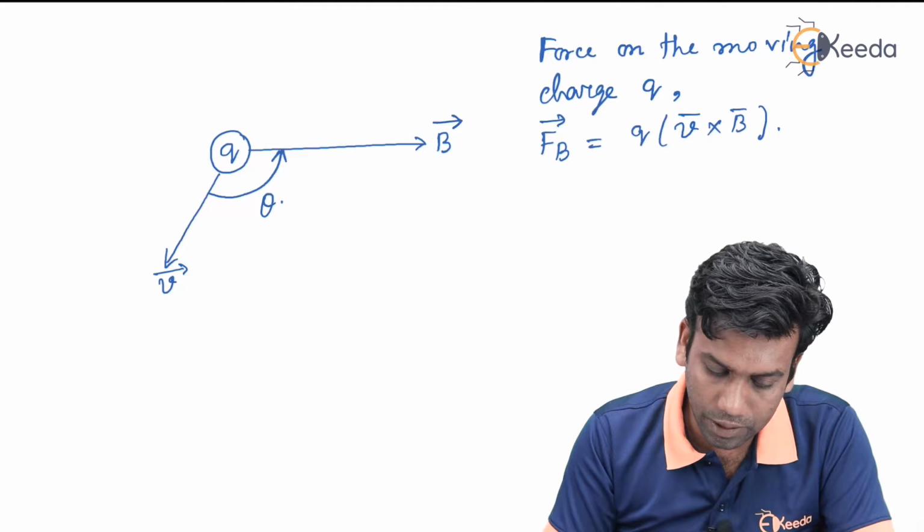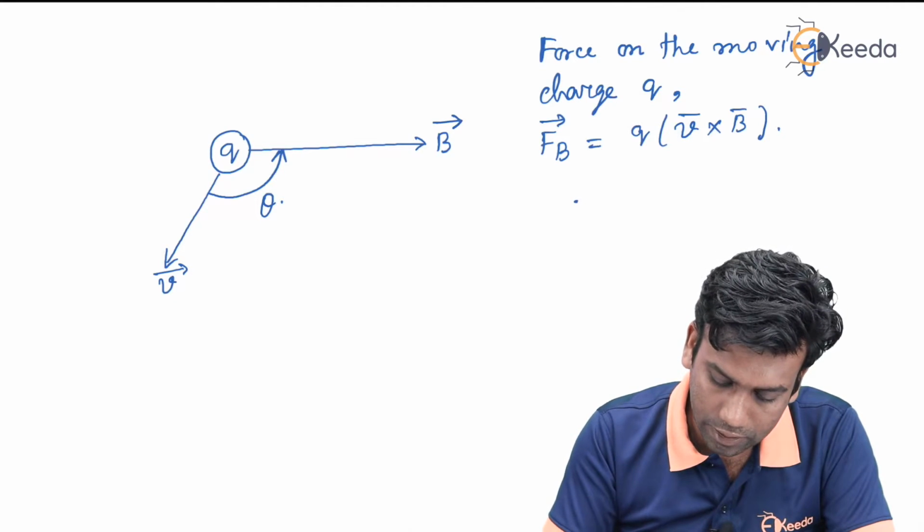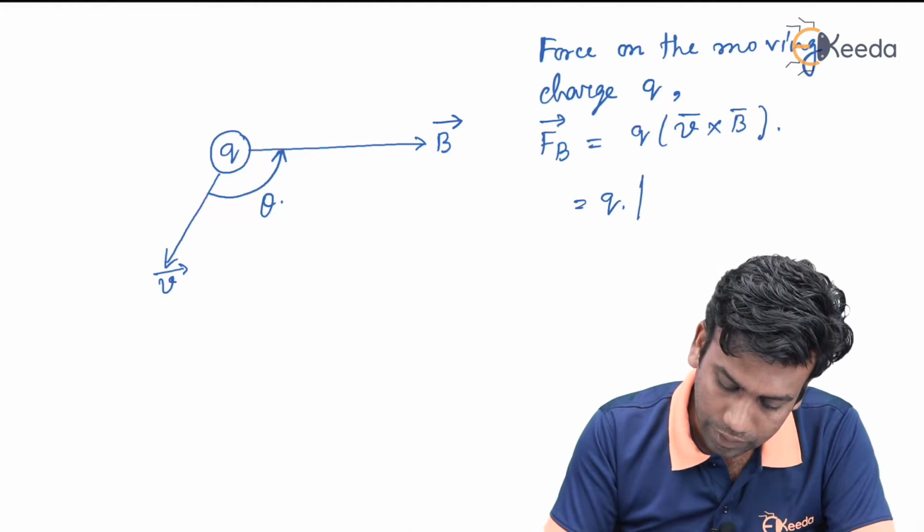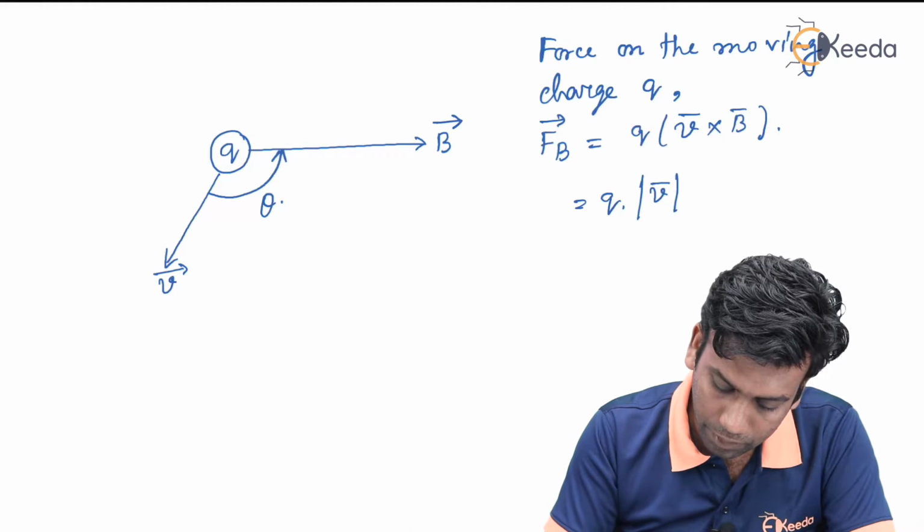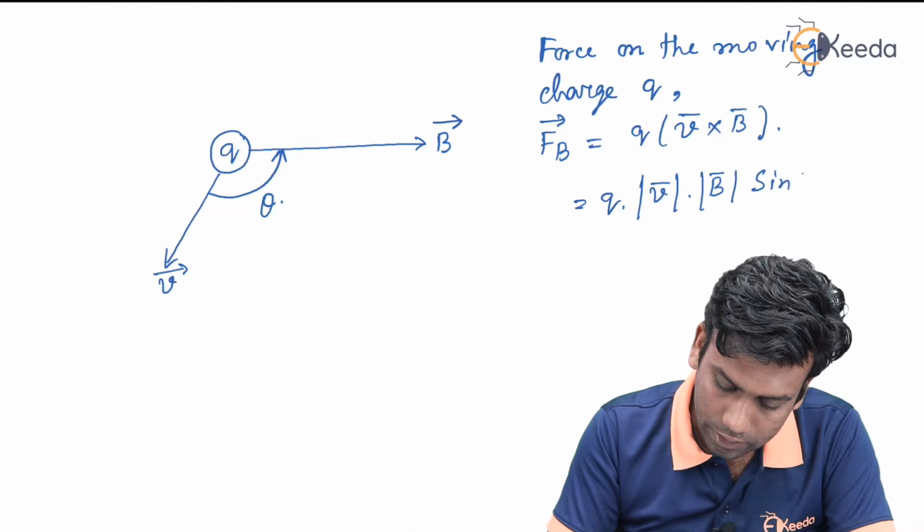From this equation we can write q into mod V, mod B and sin theta.